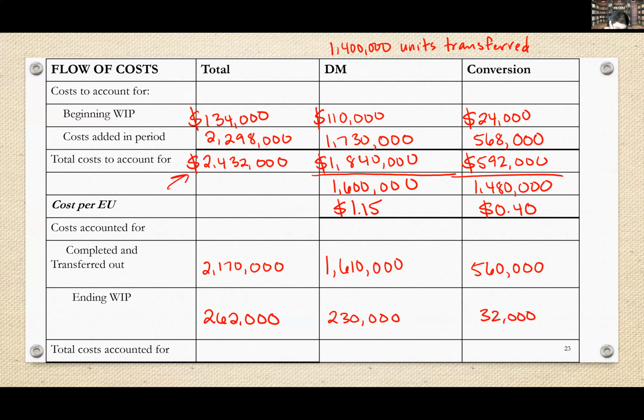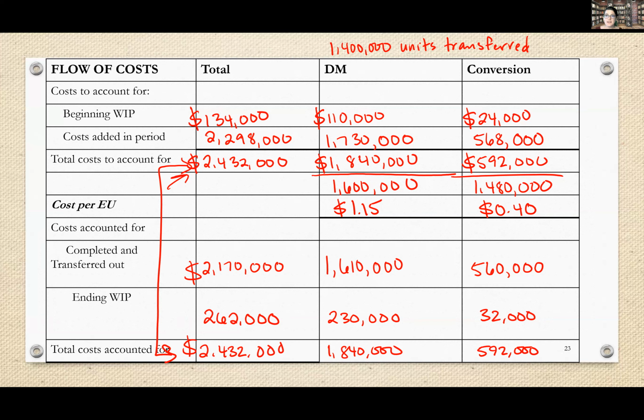If I add my 262 plus my 2,170,000, I have 2,432,000. And that's good because remember, these have to equal each other. If I add this, I have 1,840,000 and I have 592,000.